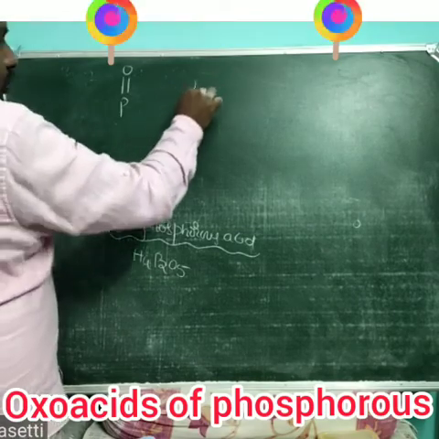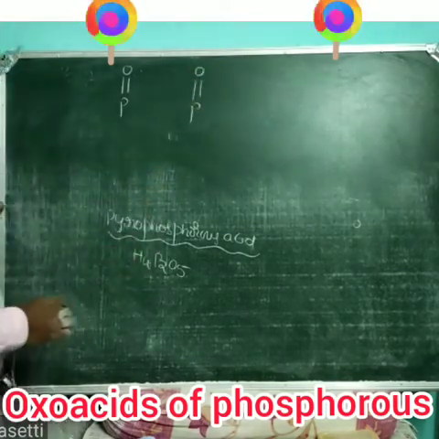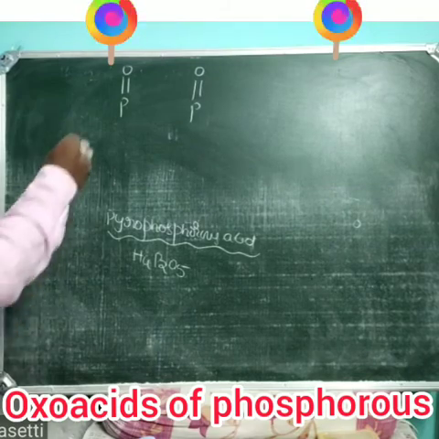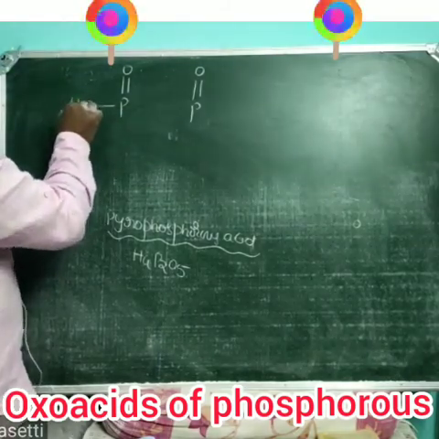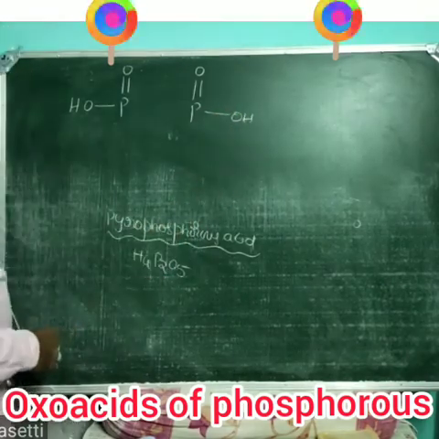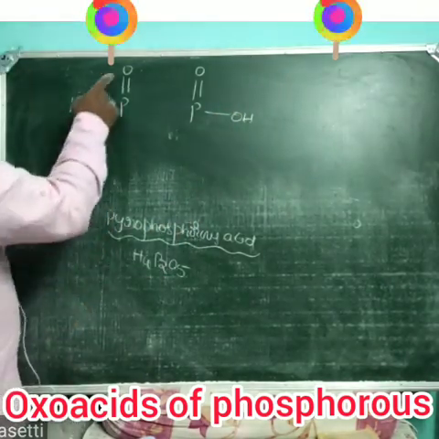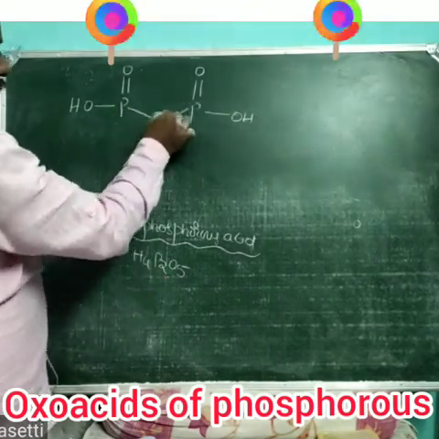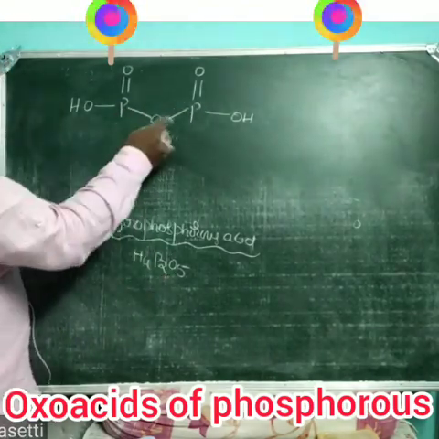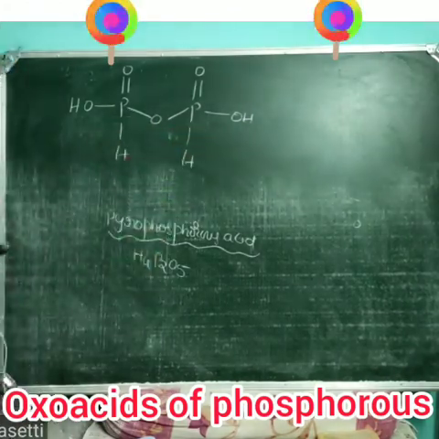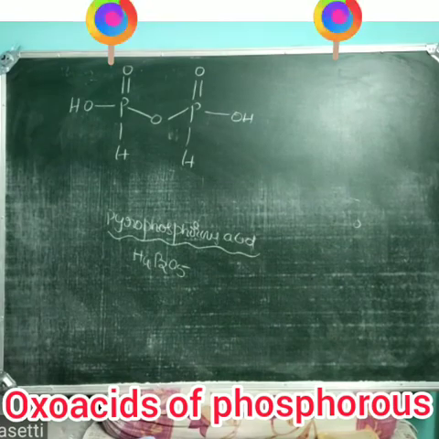All these phosphorus acids must contain 1 PO bond and 1 POH bond, so here 1 PO bond and 1 POH bond. Next, in total here 4 oxygens, and now one more oxygen is left. That oxygen is present in between. After that, the remaining 2 hydrogens will be like this. This is the structure of pyrophosphorus acid.